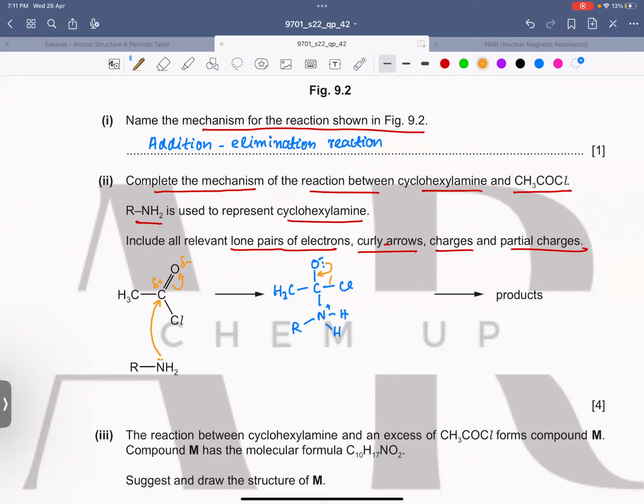As a result, the chlorine breaks the bond heterolytically, and the nitrogen breaks the bond with one hydrogen to stabilize itself. And they just wrote product, so there is no need to write the products over here.